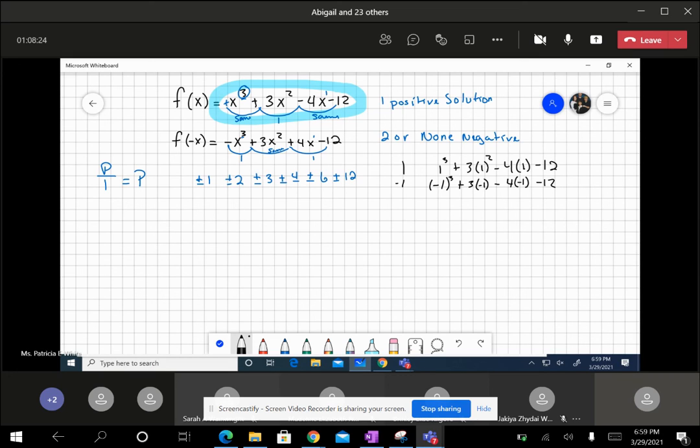I still have way too many negatives to get to 0. So I'm going to try 2: 2 to the third plus 3 times 2 squared minus 4 times 2 minus 12.